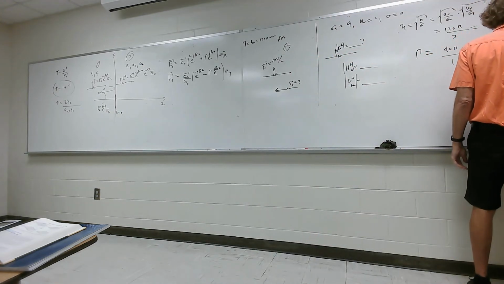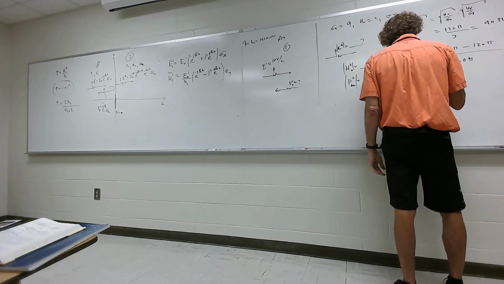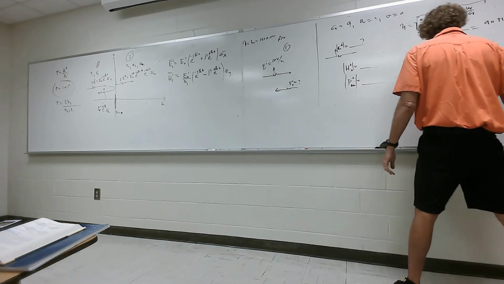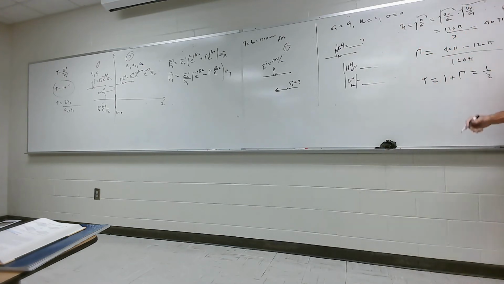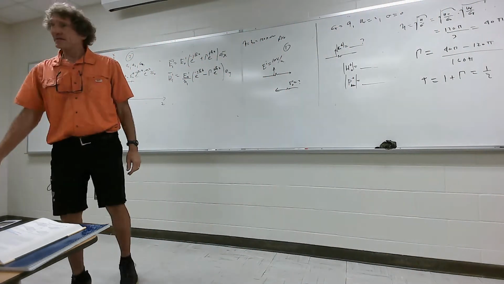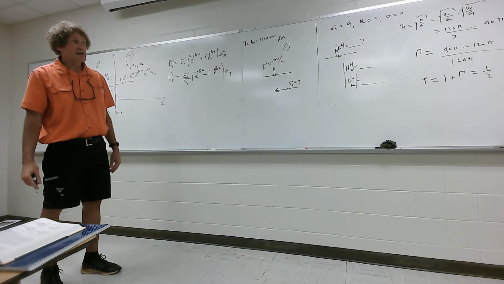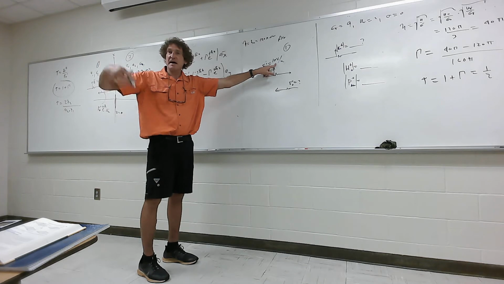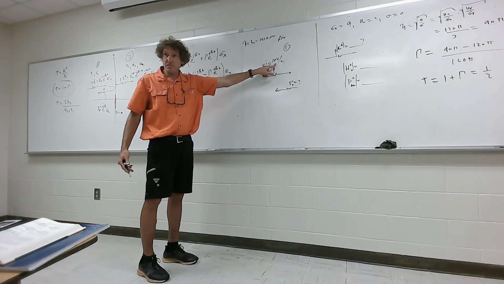Minus 1 half. What is the transmission coefficient? Well, it's 1 plus the reflection coefficient, or it's 1 half, isn't it? Y'all agree with me now? Can you all see this, class? All right, now, the thing I asked for is the magnitude of the reflected field. What's that going to be? Just look at it. It's simply going to be the incident field strength, 10 volts per meter, times 1 half, or 5 volts per meter, correct?